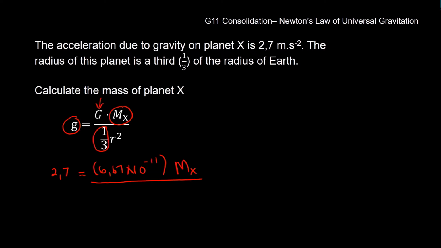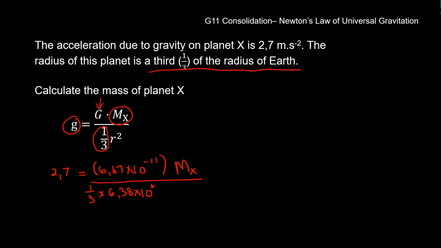Well, we are going to say the radius of Earth, which we do know, is 6.38 times 10 to the power of 6. We are going to times it by a third. Why? Because they tell me that this planet X has a radius which is a third of the Earth's radius.